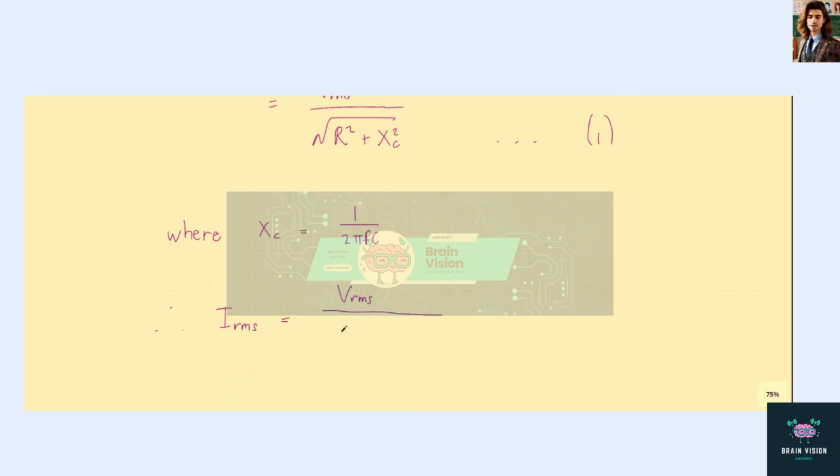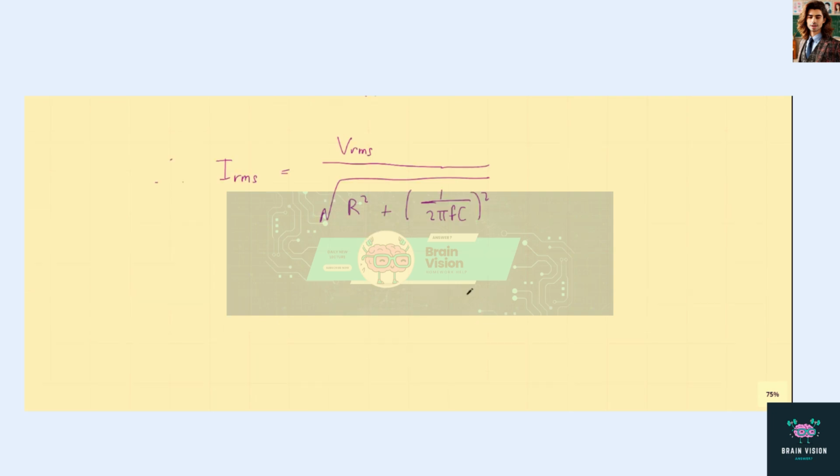V_RMS divided by the square root of R squared plus 1 over 2 pi F times C all squared. And lastly, we can substitute the capacitance C as tau over R and put this back into the equation.